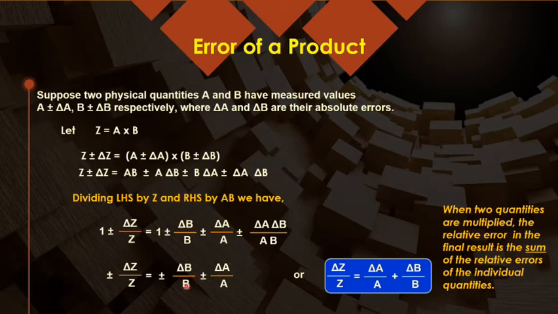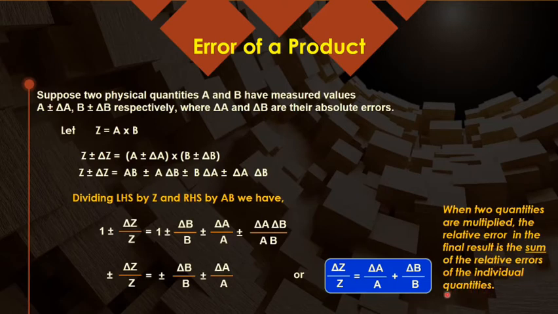So when you have to write the maximum permissible error, again you only take the positive sign. But you can see we do not have the absolute errors here, rather we have the relative errors. So the relative error in the final result is the sum of the relative errors in the individual quantities.